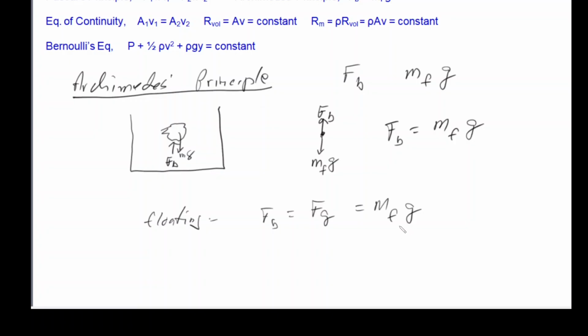And what this says is that with a floating body, the magnitude of the force of gravity F_g is equal to the weight of the fluid that has been displaced by the body. In other words, a floating body displaces its own weight of fluid.